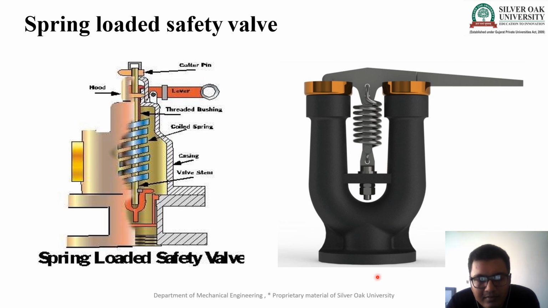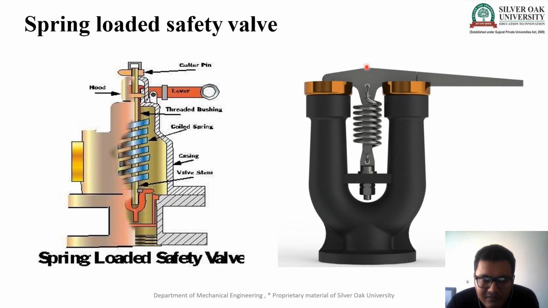When the stiffness of the spring is the same as the value of the working pressure, the spring does not expand while the pressure is within the working or safe pressure. When the pressure increases or exceeds the working pressure, the spring expands, and the lever goes in the upward direction.